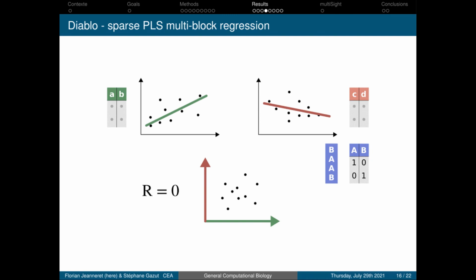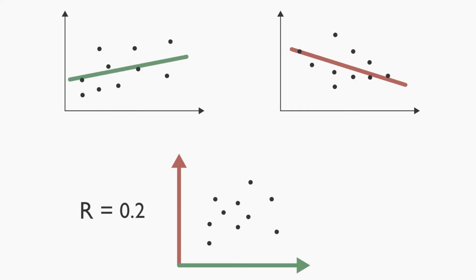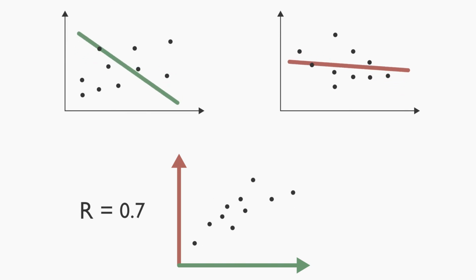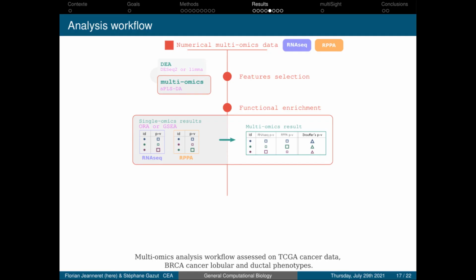And what SPLSDA does, as the animation shows, is adjusting the linear recombination according to the correlation between the new values after recombination. Moreover, we can carry out feature selection based on the values of the coefficients of the linear recombinations.